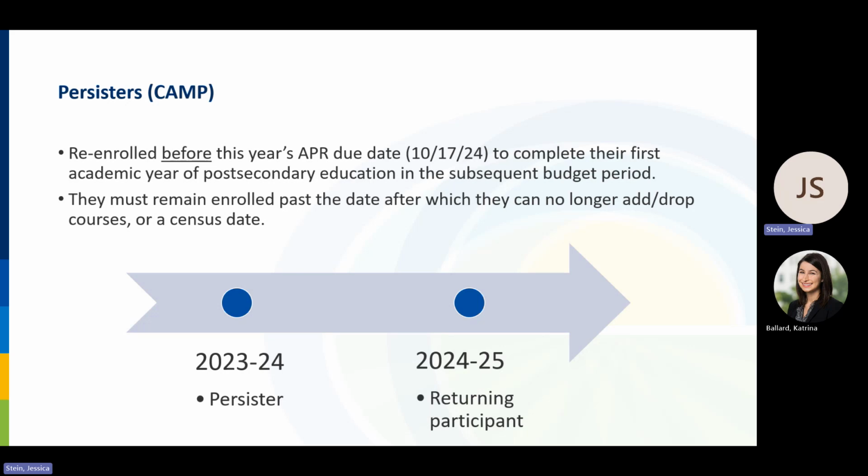Remember, the number of persisters in the current reporting period will be the number of returning students in the next reporting period.